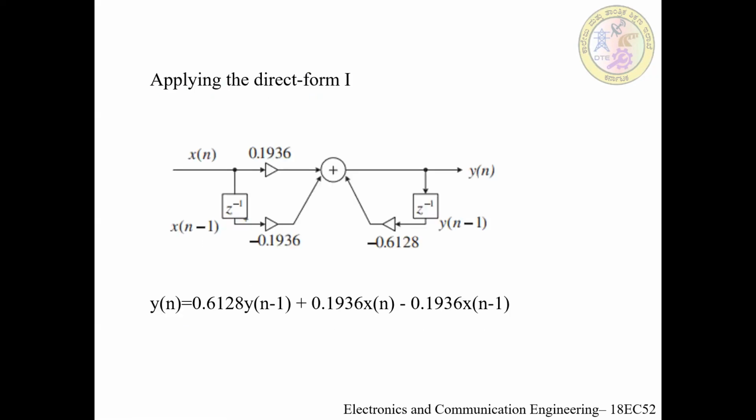So if we apply the direct form 1 realization, using the delay elements and the multiplier units or weights, we can represent y of n is equal to minus 0.6128 y of n minus 1 plus 0.1936 x of n minus 0.1936 z inverse, that is x of n minus 1.